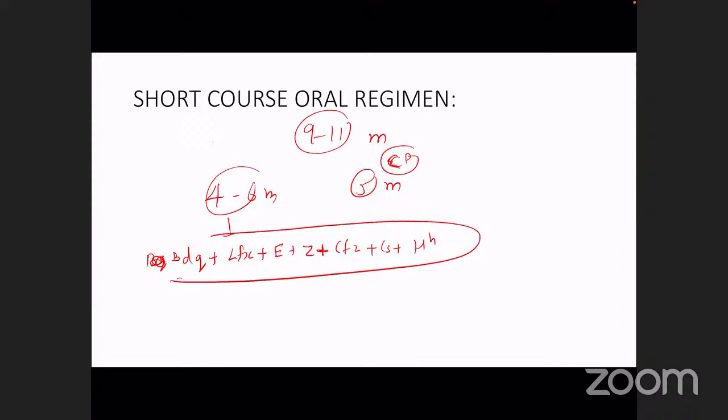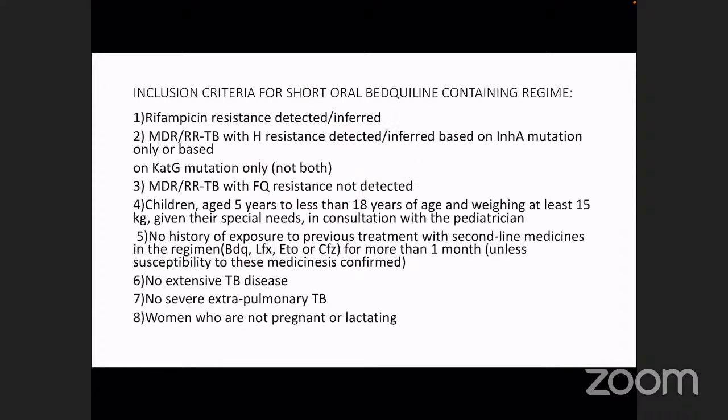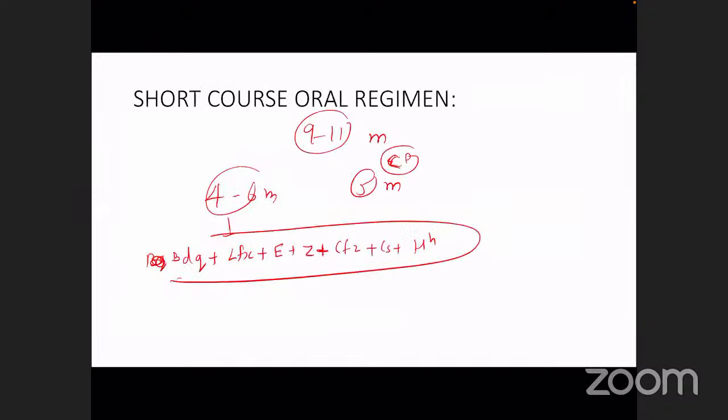This is very important: it is not ethionamide. So you have bedaquiline, levofloxacin, ethambutol, pyrazinamide, clofazimine, cycloserine, and high dose isoniazid. This H is basically high dose isoniazid. This is for 4 to 6 months. Now it is very important to discuss this thing here.